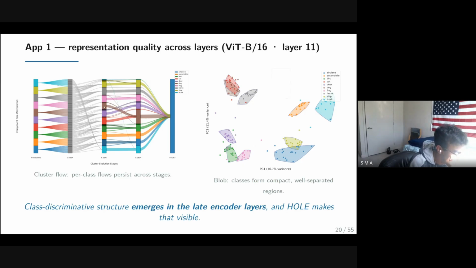And you can see that there's another thing going on over here. I think this is dog, and you have cat, and they're actually forming a single cluster as the filtration progresses. This suggests that there's some similarity in the latent space. The model is doing this for a reason.